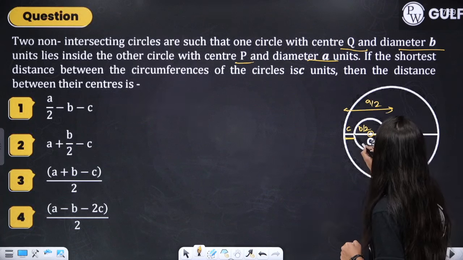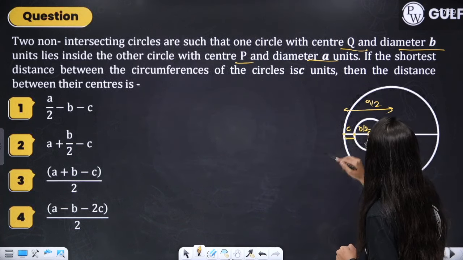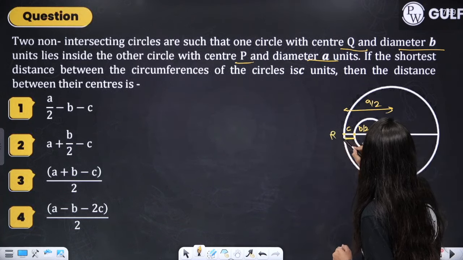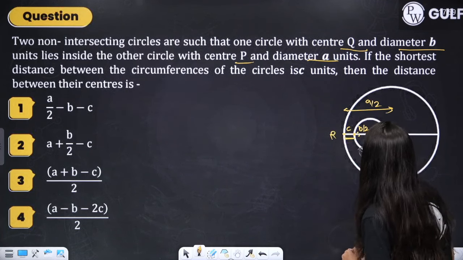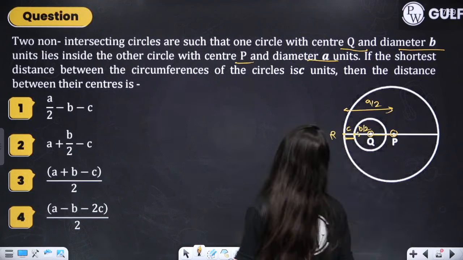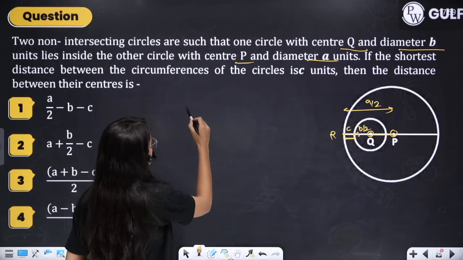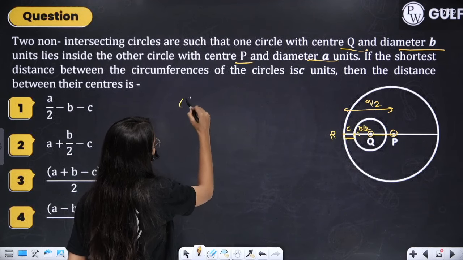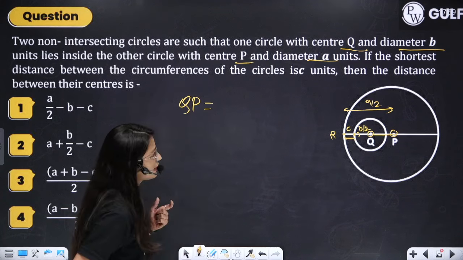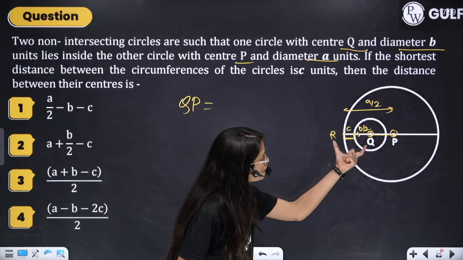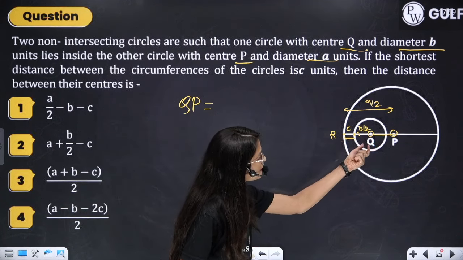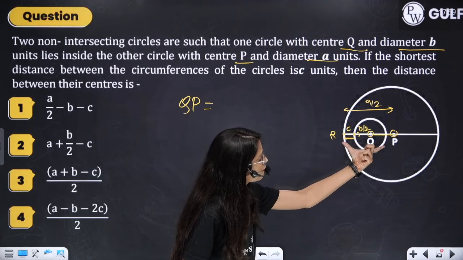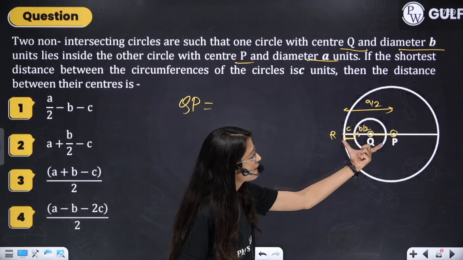So I'll name this point R, this point as S. So can I say that to find the value of QP, what do I need to do? First of all, I need to take the value of RP.